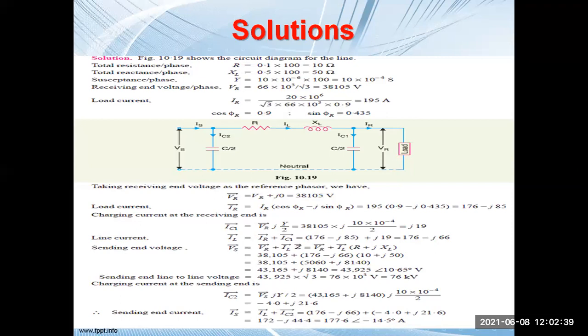Minus 4.07. Plus J. If you have got IC2, then calculate IS.